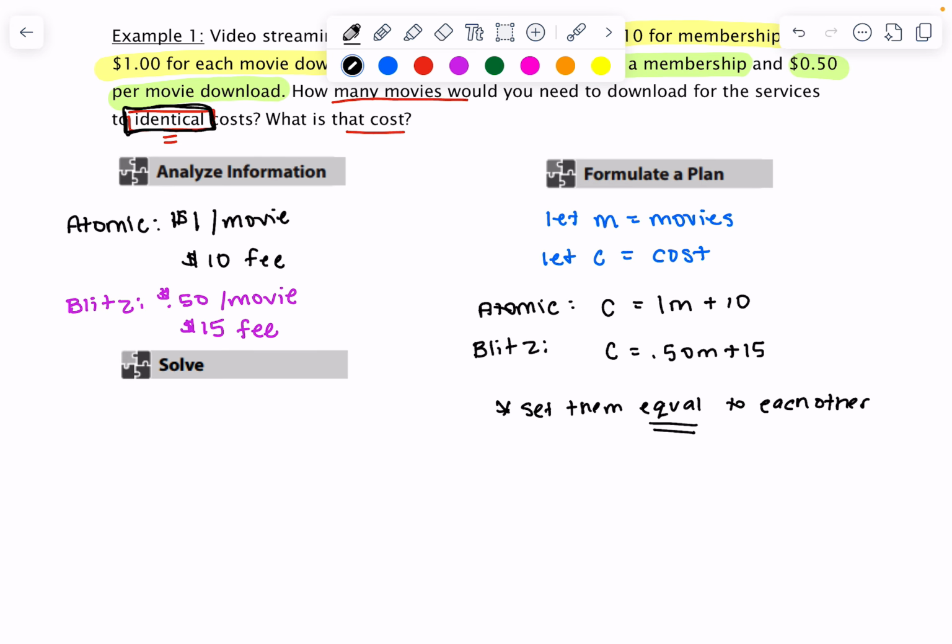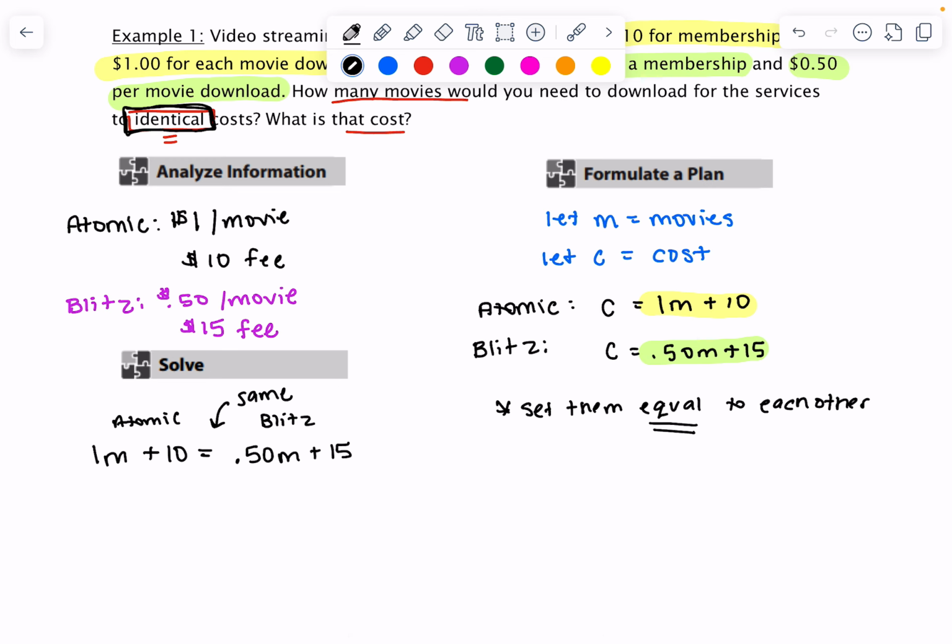Here is C equaling 1M plus 10. Here is C also equaling 0.5M plus 15. So my plan can be, all right, 1M plus 10 equals 0.50M plus 15. There's my Atomic right here, and there's my Blitz right here. And I'm saying, when are they going to be the same?